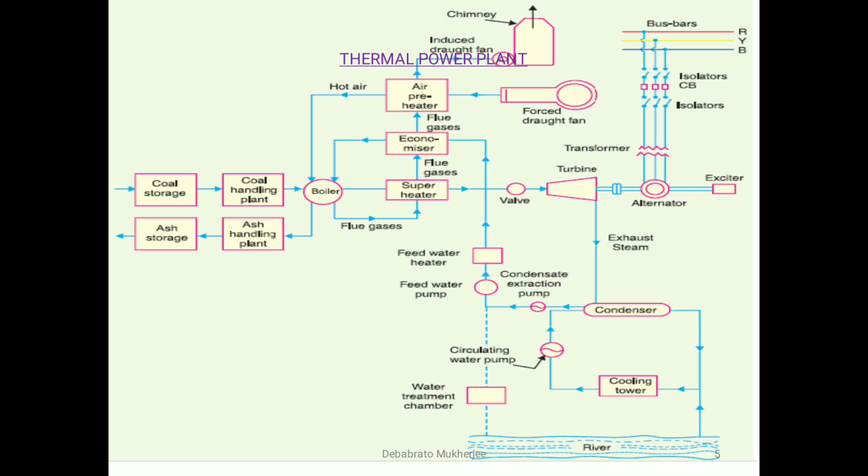In the figure, you can see the boiler is connected with the superheater, then to a turbine, and on the upper side you can see the economizer. In the economizer, the water from the condenser is fed to the economizer, so that the heated steam is cooled down, and flue gases are taken out to the chimney, and the water which is extracted is again given to the boiler.